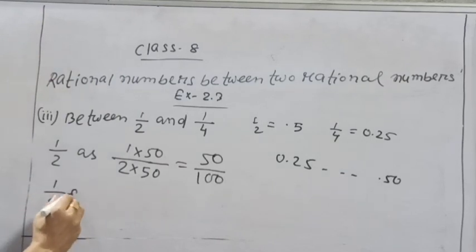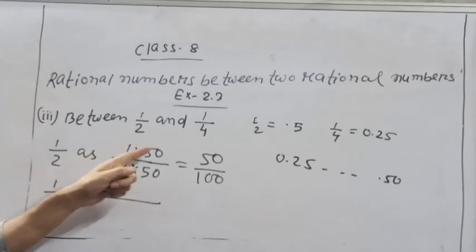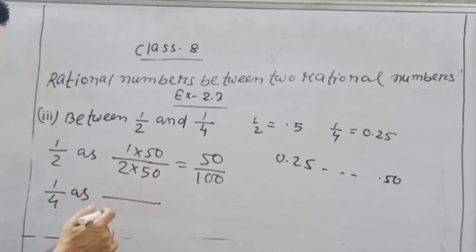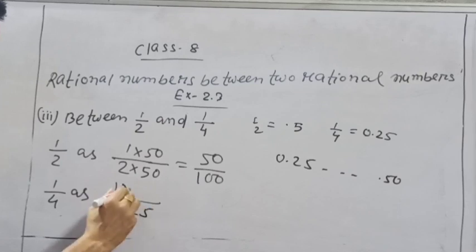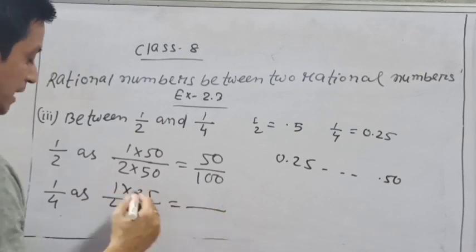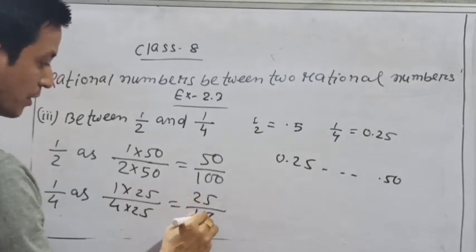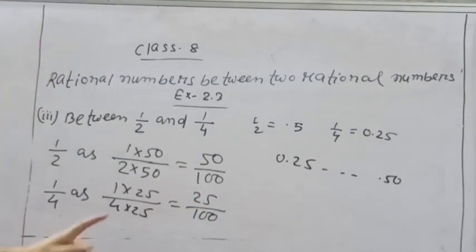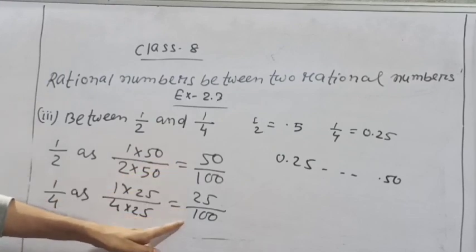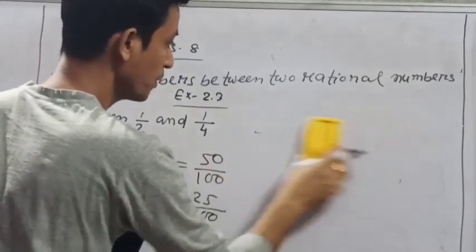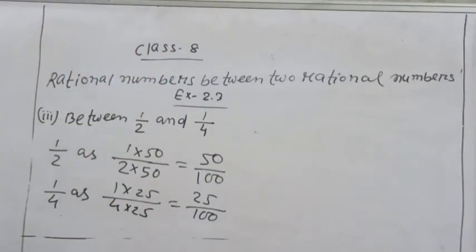Now 1/4, as I have taken 50, you can take different numbers, but the denominator has to be the same. So 100, here also 100, 25 by 100. So you can see 50 by 100 and 25 by 100. So we get more rational numbers in between half and 1/4.